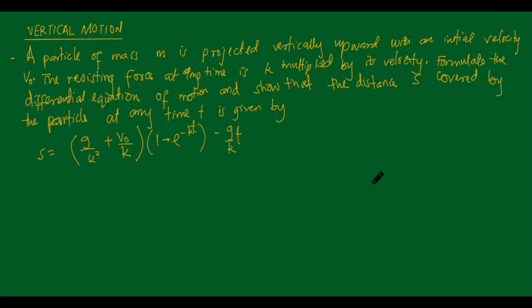This is a very interesting question and it's not so complicated. Let's try to solve it, and the first step is to understand what the question is asking of us. Let's model the particle as a circle.